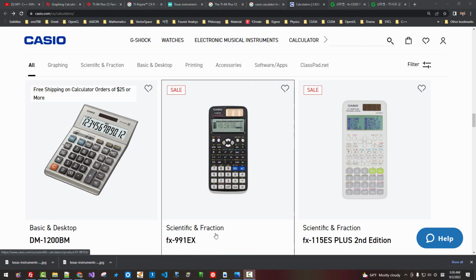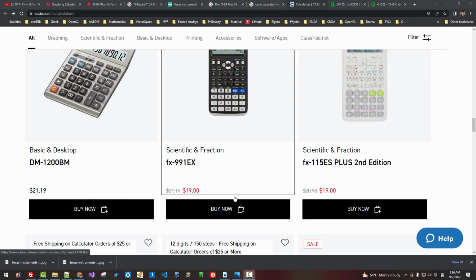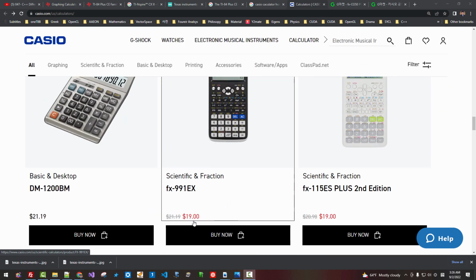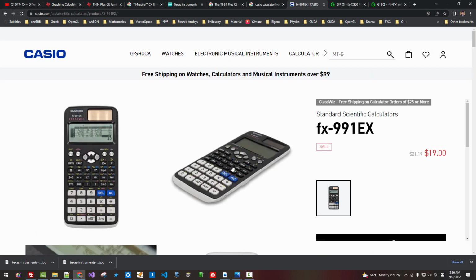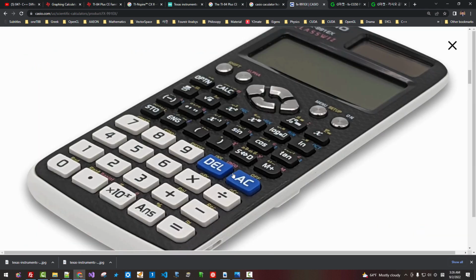Scientific and fraction FX-991EX. This is my choice of calculator. It costs only $19. The reason I chose this calculator is that it does not support graphics.